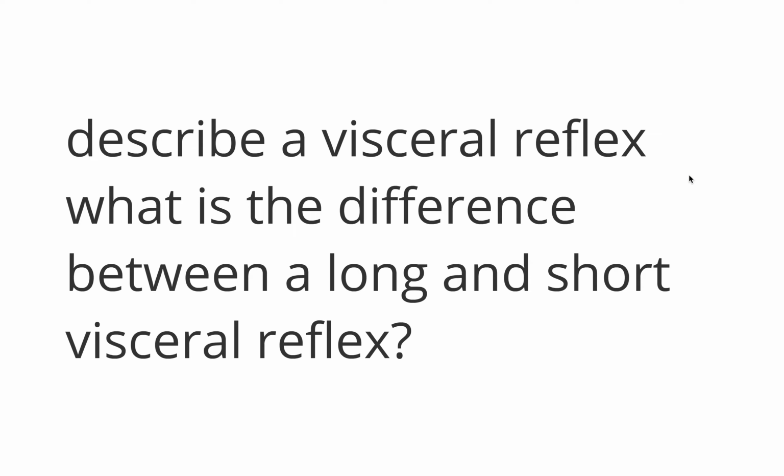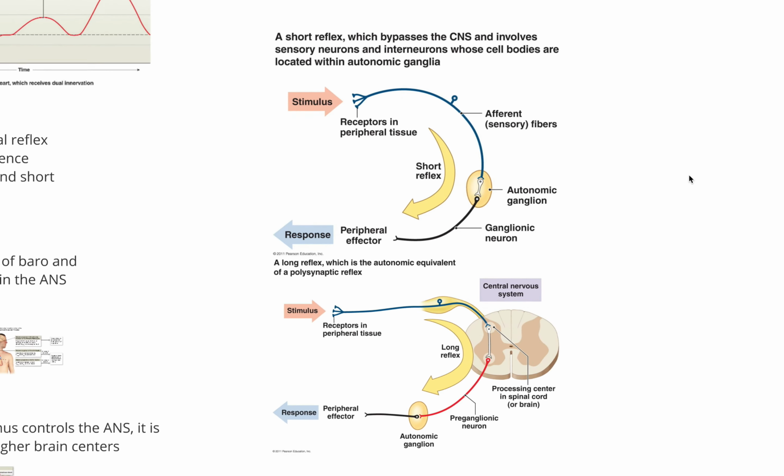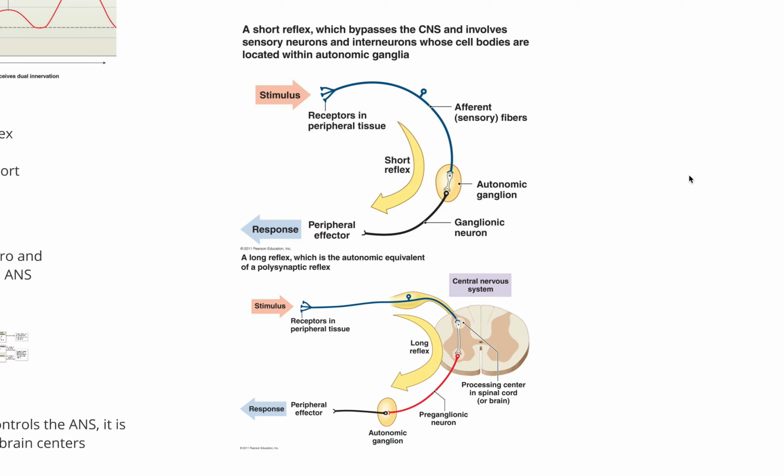Alright, describe a visceral reflex and what is the difference between a long and a short reflex? Visceral is stuff in our guts. The visceral reflexes are mainly controlling the digestive system. They're all automatic, like all reflexes. So it's a reflex that controls our internal organs, mainly our digestive organs.